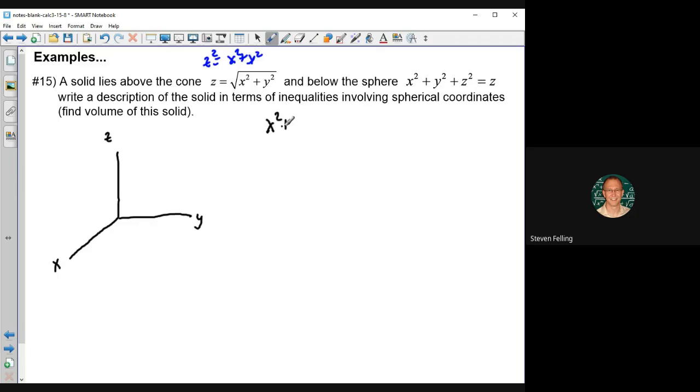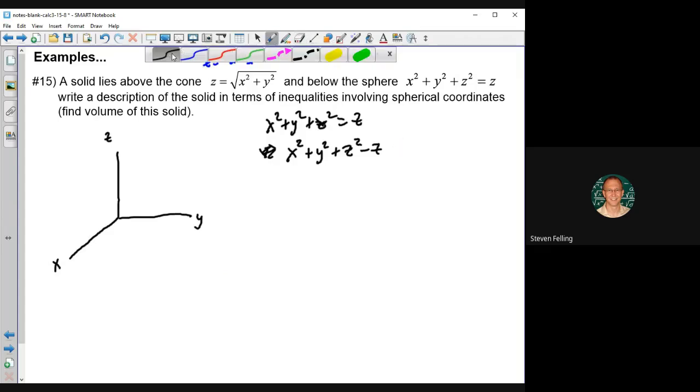If we have x squared plus y squared plus z squared equals z, and we brought the z over to the left side, and I wanted to complete the square here. Actually, let me leave a little bit of space here. So equals 0.